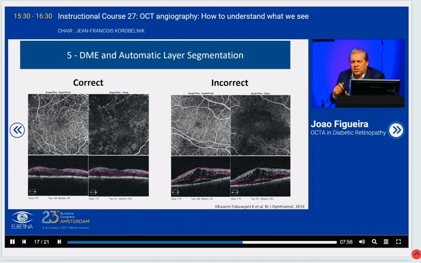As you know, OCTA makes automatic segmentation of the layers, but if you have a structural alteration like in diabetic macular edema, you can have errors like in this case on the right, where the segmentation was wrong, and the OCTA image and exam will be completely useless. If possible, we can manually change and correct the segmentation, but sometimes it's very difficult and time-consuming.